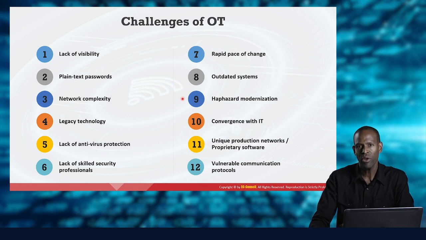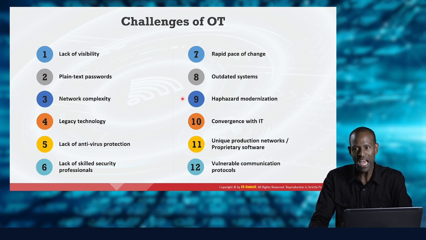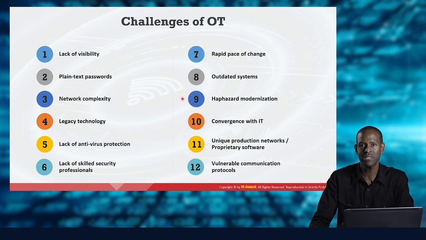And therefore, we can put all kinds of protection into the nice modern part, but then we forget about the part that hasn't been modernized. And so we think we're protected, but in reality, we're not, because we have legacy technology and outdated systems in the parts of the industrial facility that have not yet been modernized.